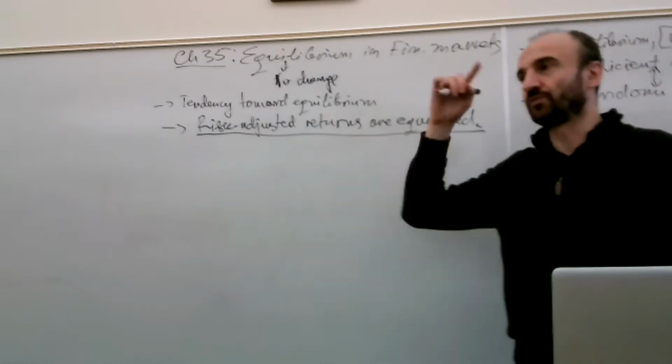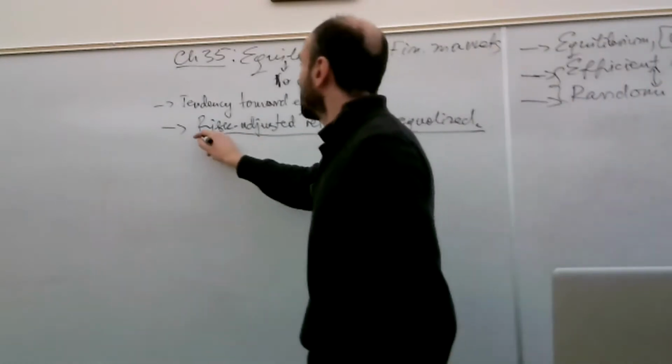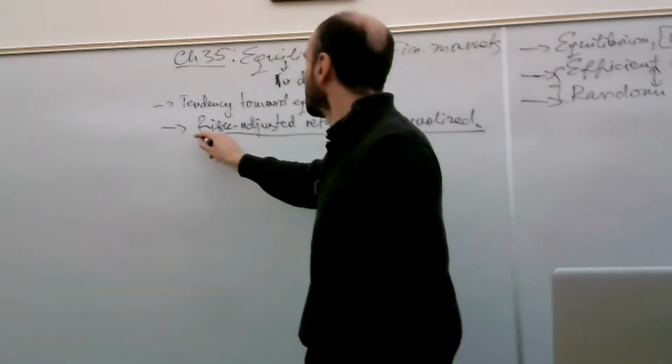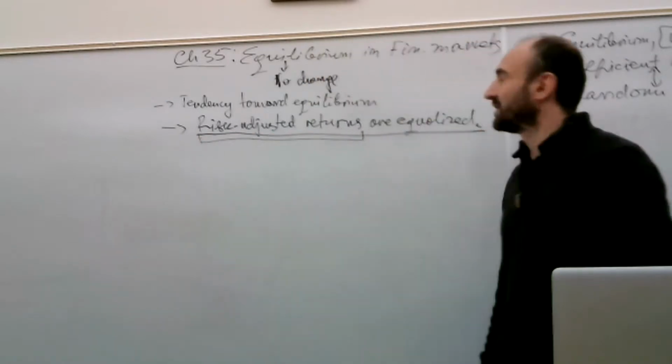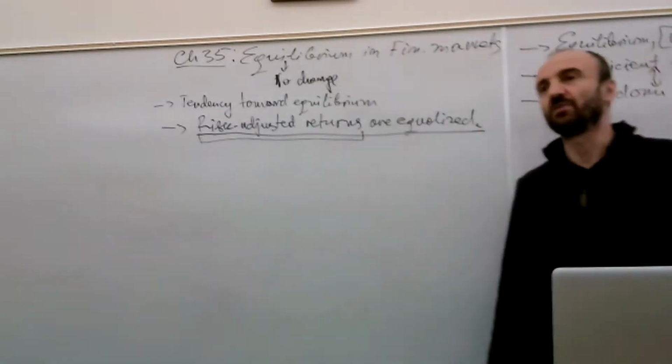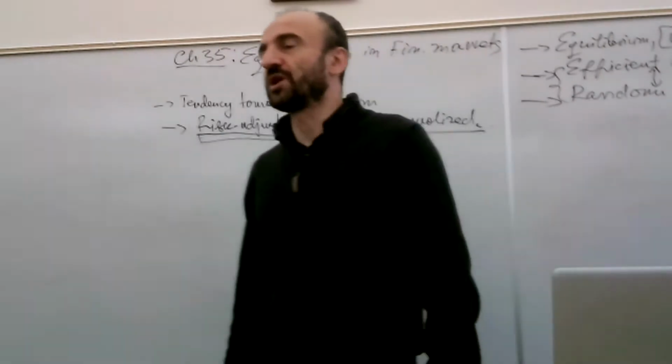So obviously, in order to understand the concept of equilibrium here, you'll have to understand the concept of risk-adjusted returns. The entire lecture today will essentially be to try and make sense of that. What does that mean? And some implications of that.